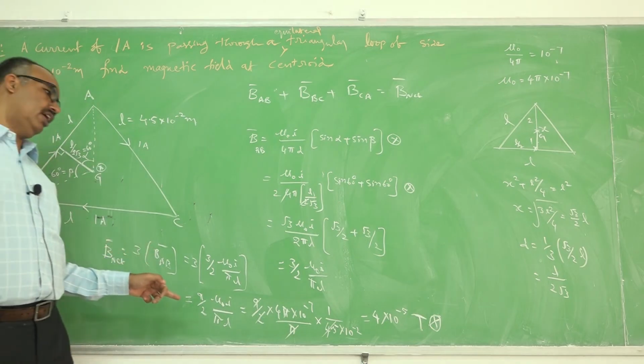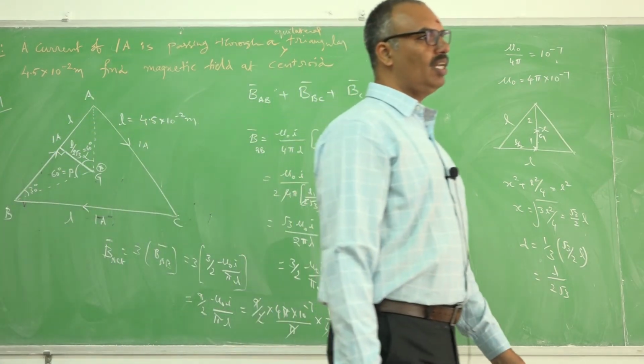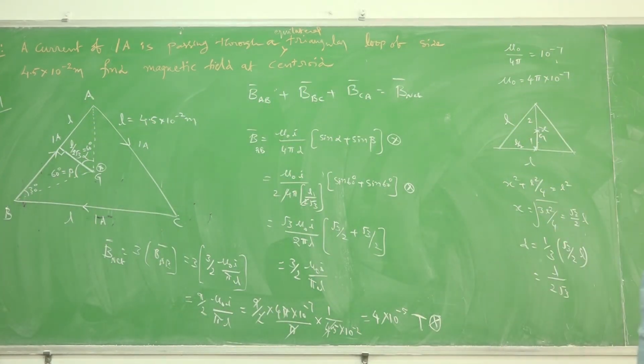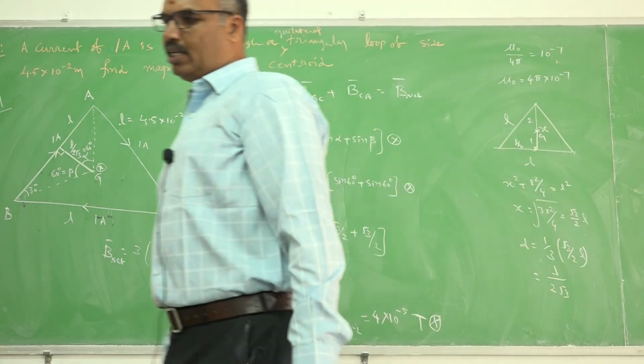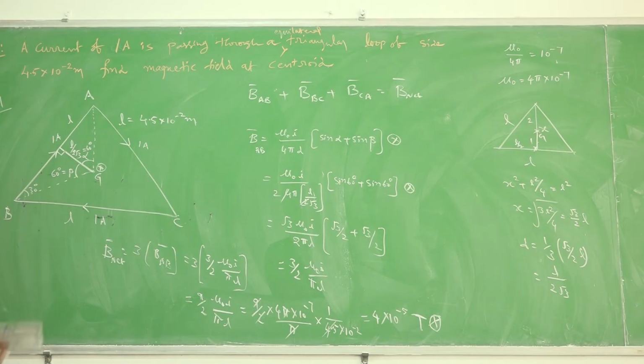So the net magnetic field, I calculated it as 4 into 10 power minus 5 Tesla into the paper. I hope everybody followed this solution. Let us go to the next problem.